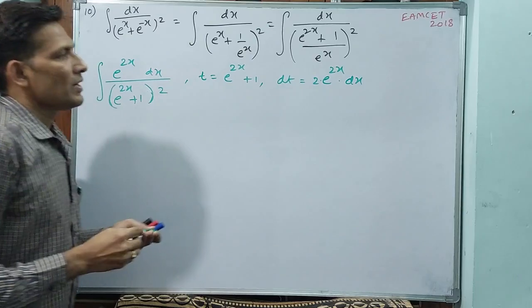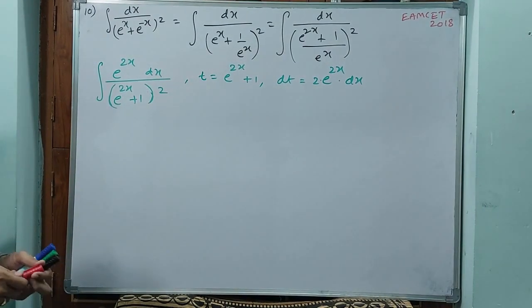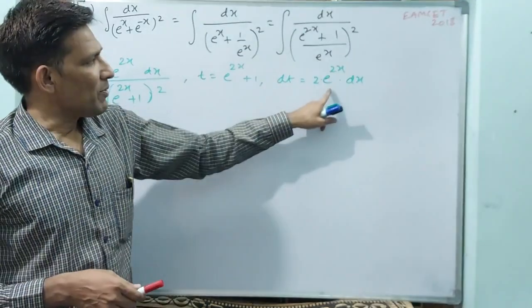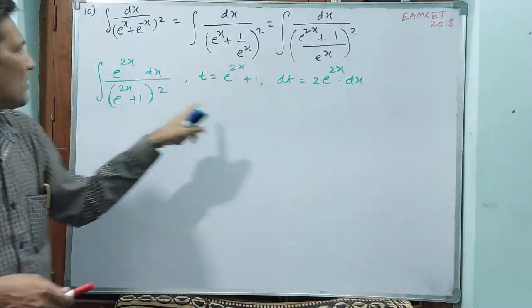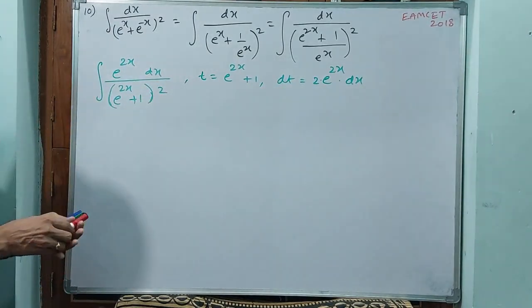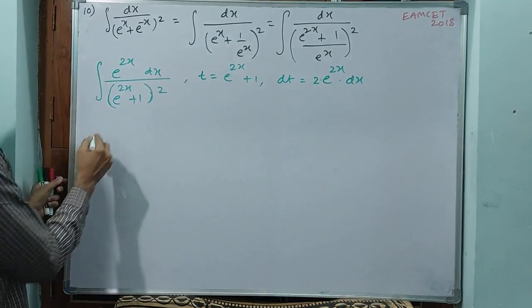Or else, what you can write? E power 2x dx is equal to dt by 2. Why? Because e power 2x dx only is there. 2 is not there. Then the 2 you have to write as 1 by 2. Okay. Proceed then.